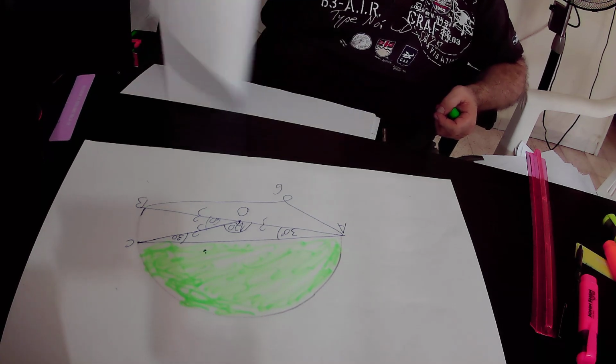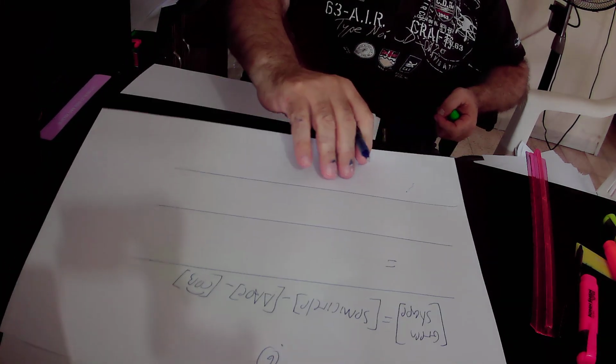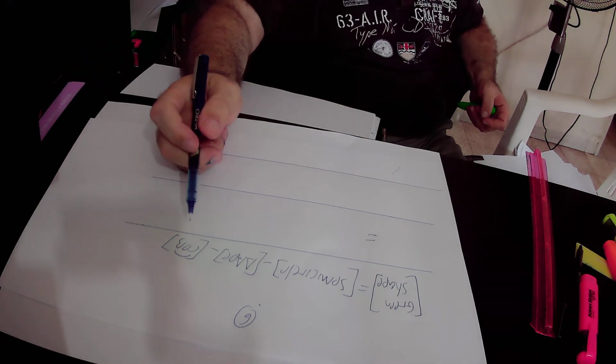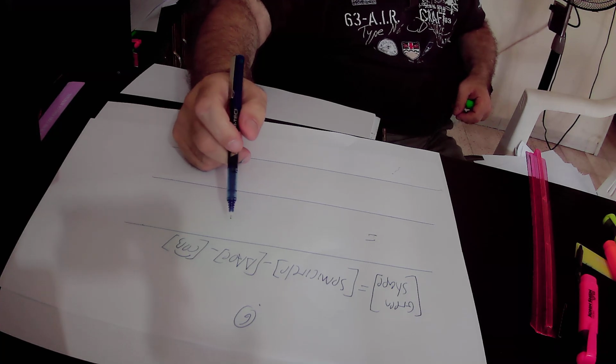I repeat again, according to the second method, the area of the green shape equals the area of the semicircle minus the area of triangle AOC minus the area of sector COB.